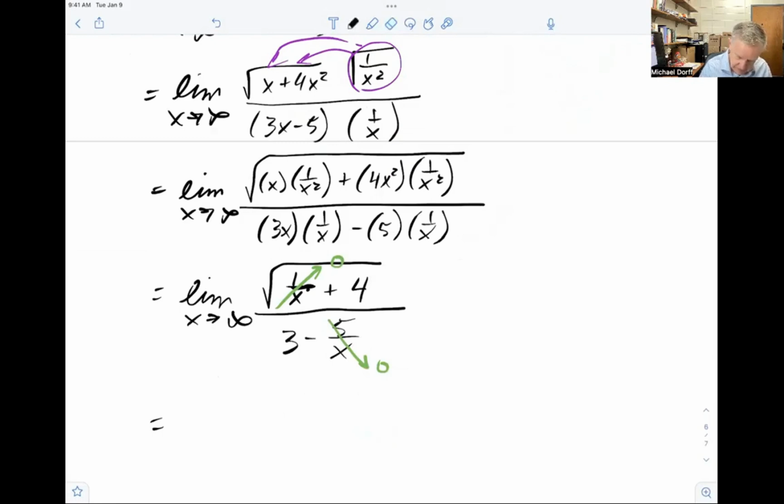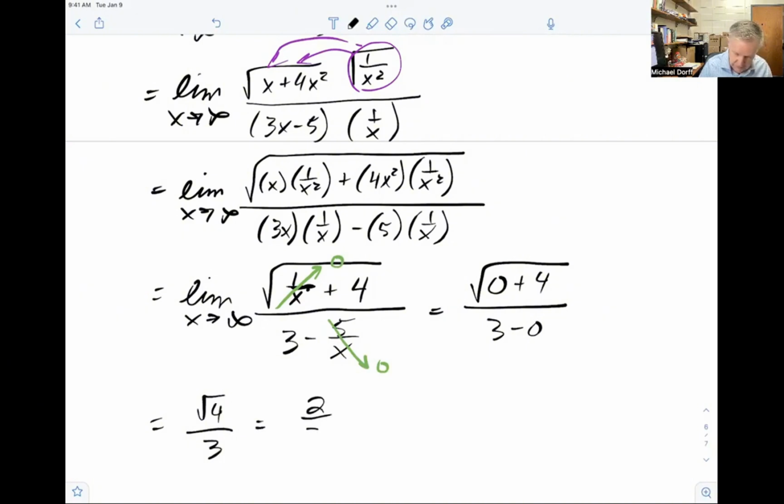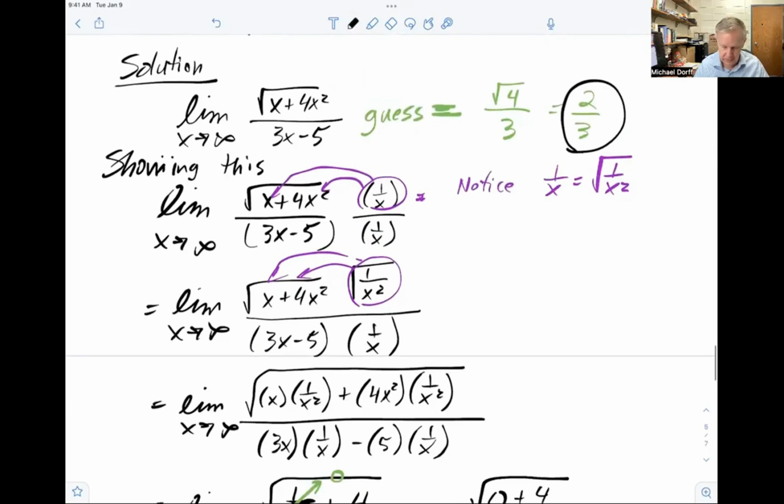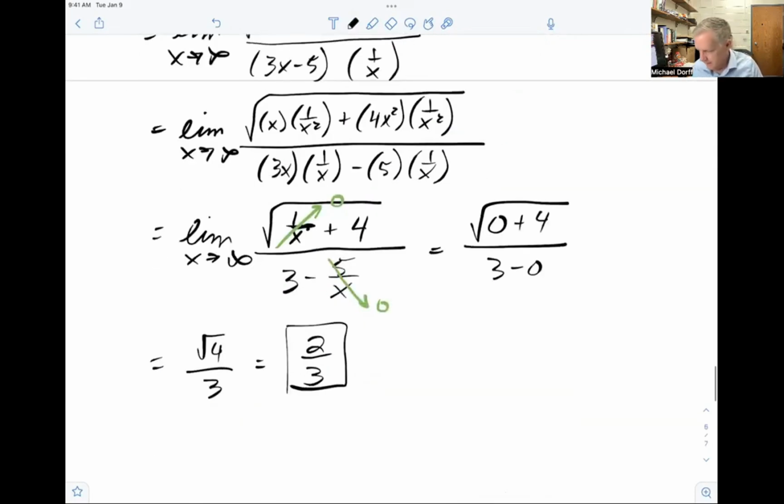This is going to equal the square root of 0 plus 4 over 3 minus 0, which equals the square root of 4 over 3, which is 2/3, which is what we had up here when we guessed it. So we guessed it and then we checked it to get it to work.